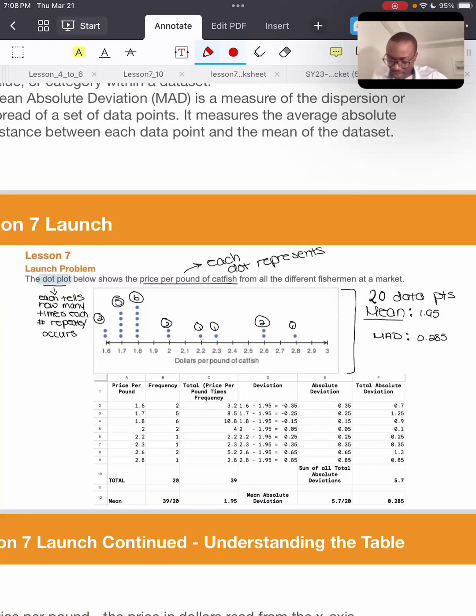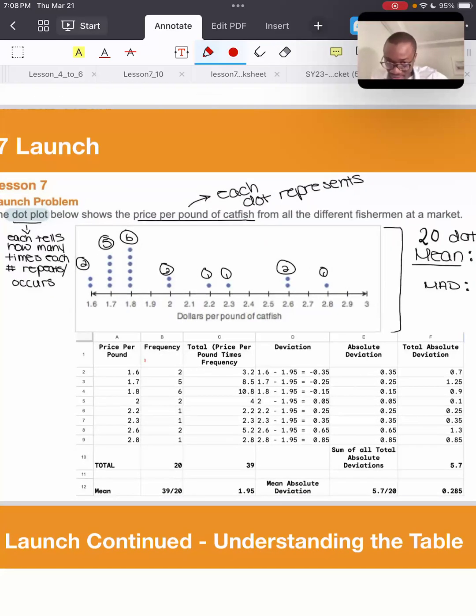What we have here, price per unit, these are the data points that I get from our plot. So don't be confused where these numbers come from. They come from this.